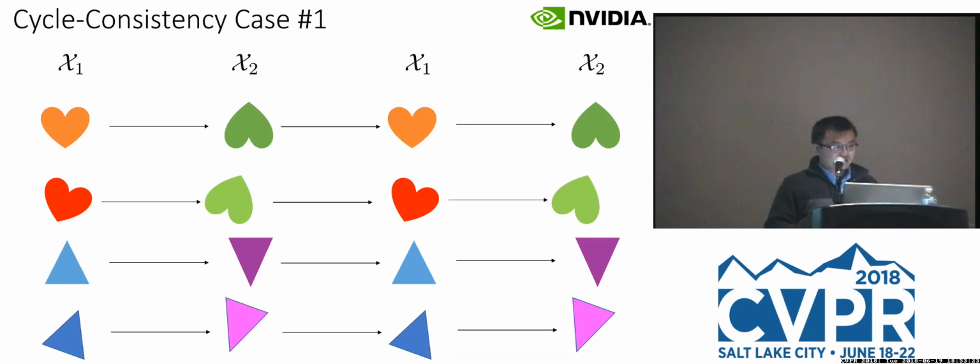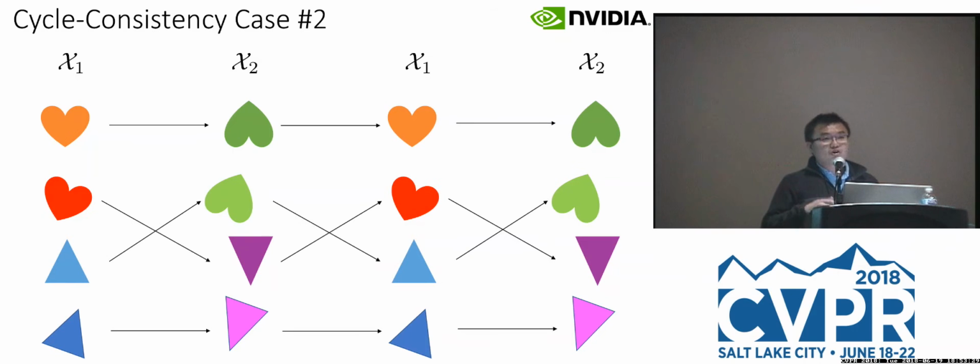So what I mean is there are many solutions where the cycle consistency is satisfied, and not all of them give you good image translation results. But this is the nature of the problem. For this problem, we only give samples from marginal distributions, but we want to estimate the joint distribution. This is impossible in theory.